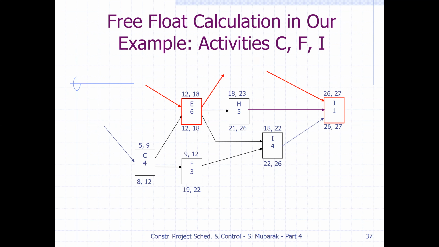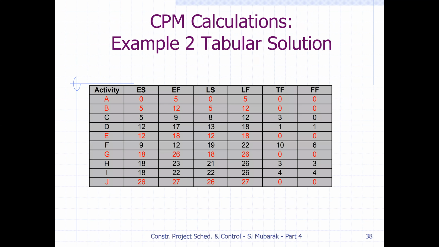This is how we calculate the free float, and we can list it for all the activities. For D, the free float is also 1, for F it is 6, for activity H it comes to 3, and for activity I it is 4.